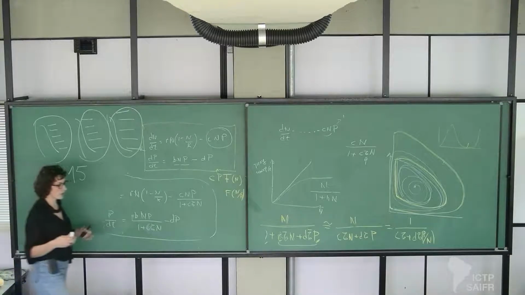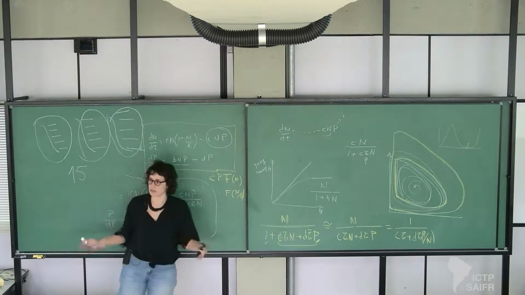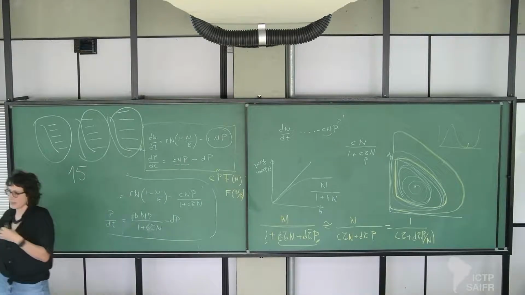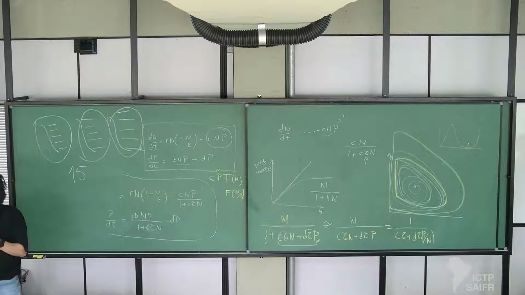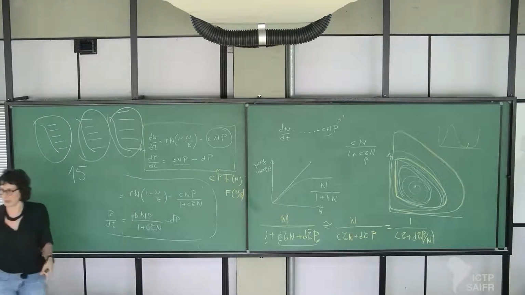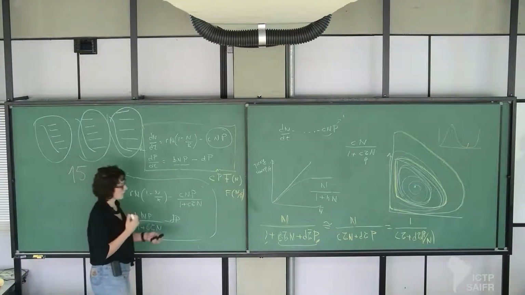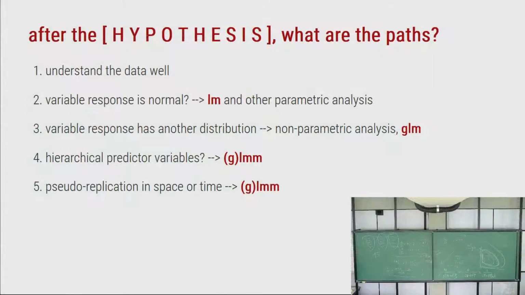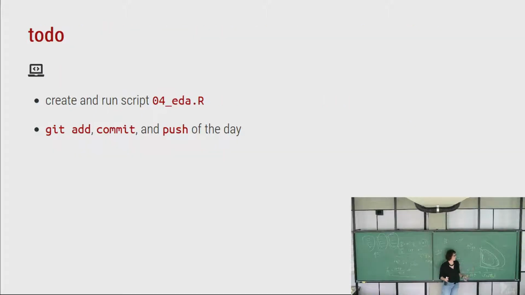So usually when we have a hierarchical design, we have groups of sample units that share something, and because of that, they are not independent. Okay, and when we have pseudo-replication as well.